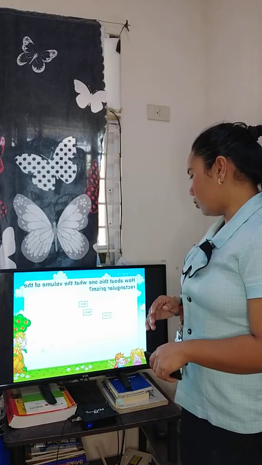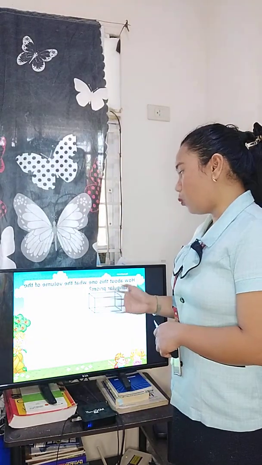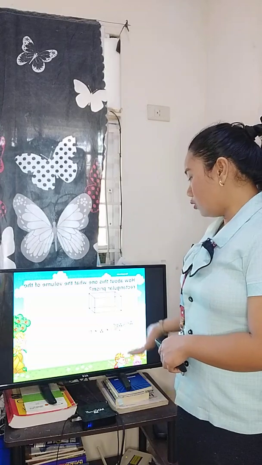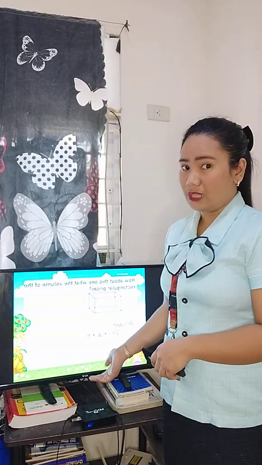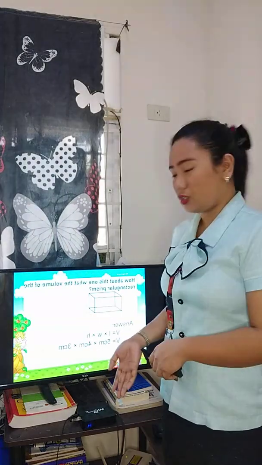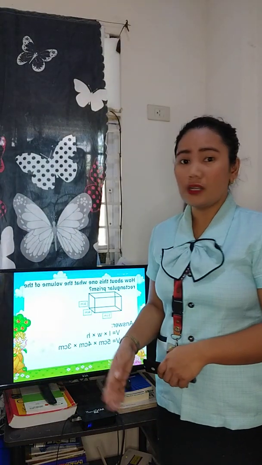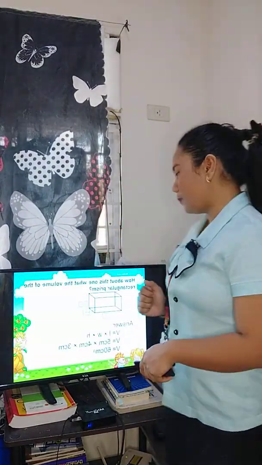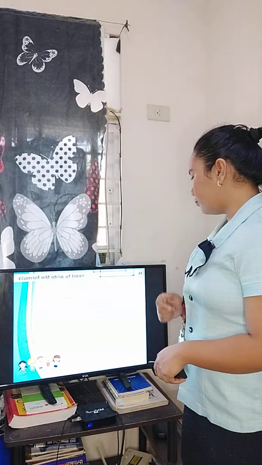Okay? So, how about this one? What is the volume of the rectangular prism? This is the answer. Volume equals length times width times height. Volume equals 5 centimeters times 4 centimeters times 3 centimeters, which equals 60 cubic centimeters.